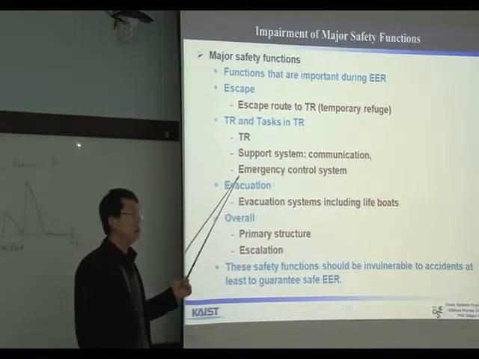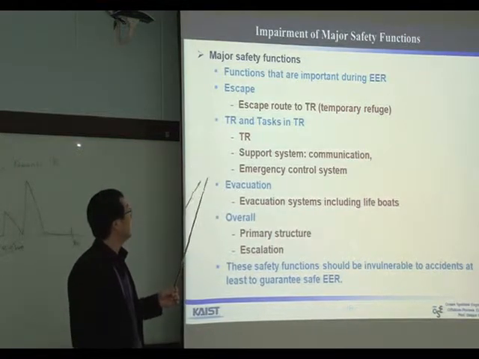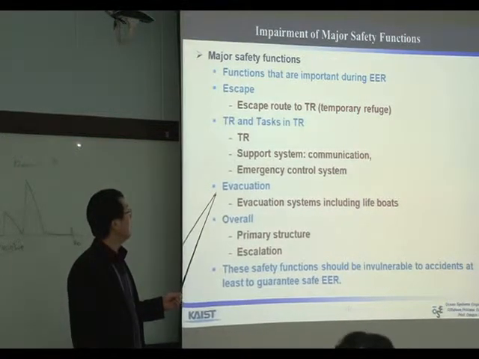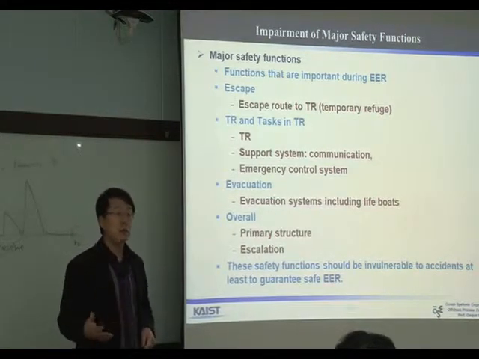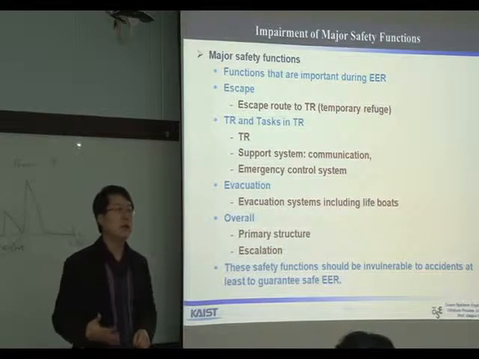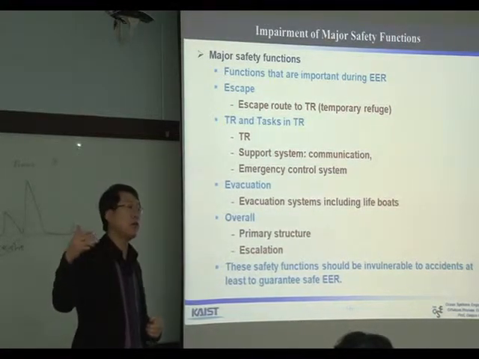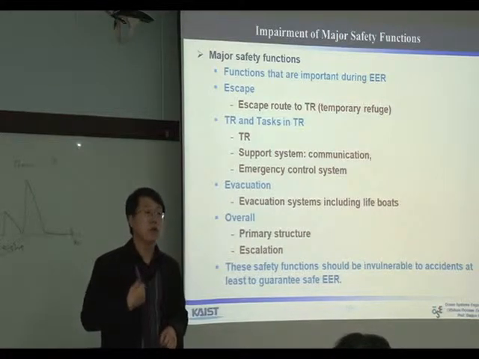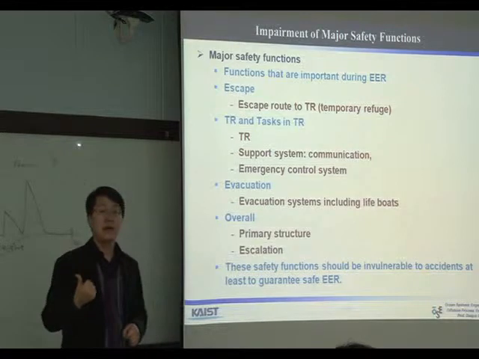So the emergency control system is one of the major safety functions. Considering the evacuation procedure, the lifeboat and the facilities supporting the free fall should be strong enough, safe from the fire and explosion.